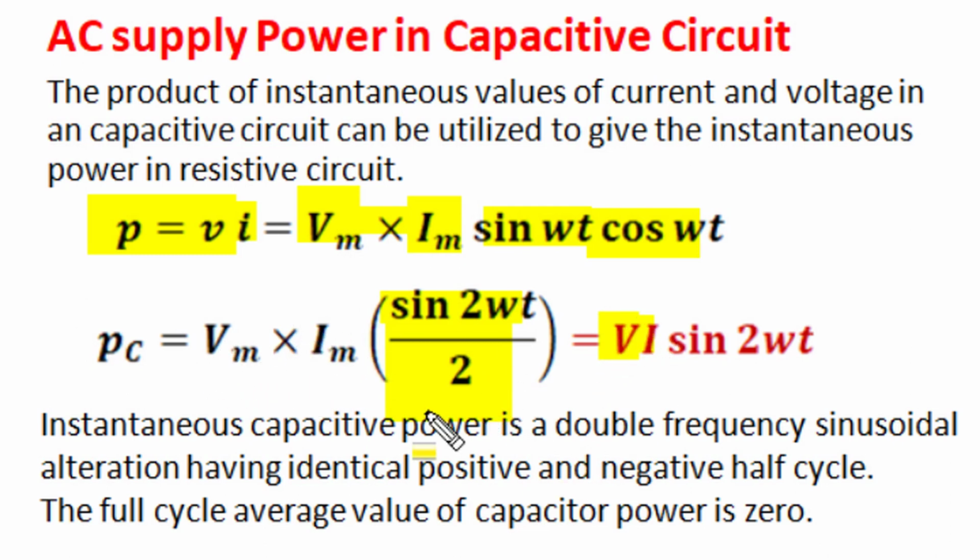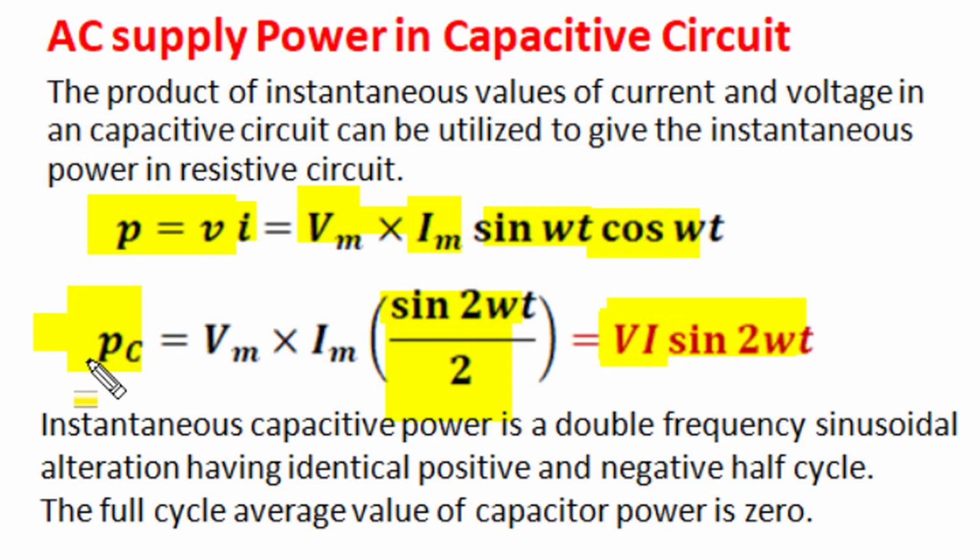So Vm Im by 2 becomes the product of Vrms and Irms, and we get that the instantaneous power of the capacitor is VI sin 2 omega t. It's a double frequency sinusoidal variation with peak amplitude, the product of RMS voltage and current, and we know for sine and cosine the full cycle average is 0.